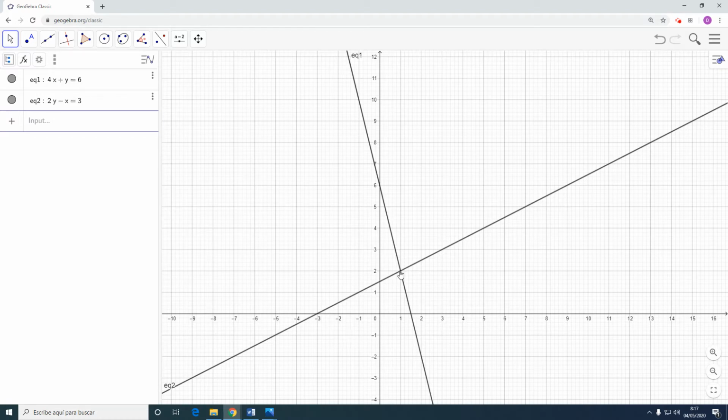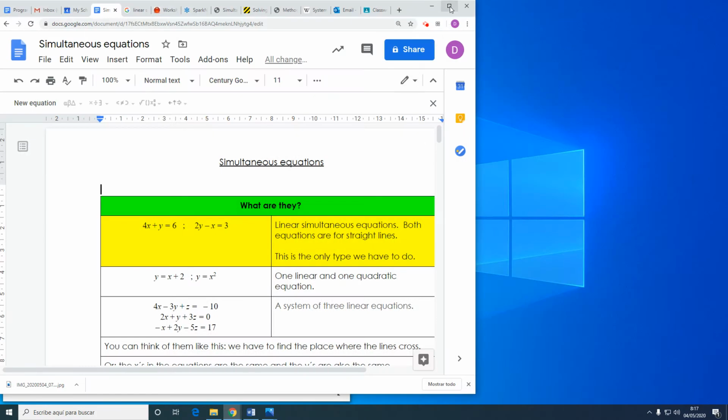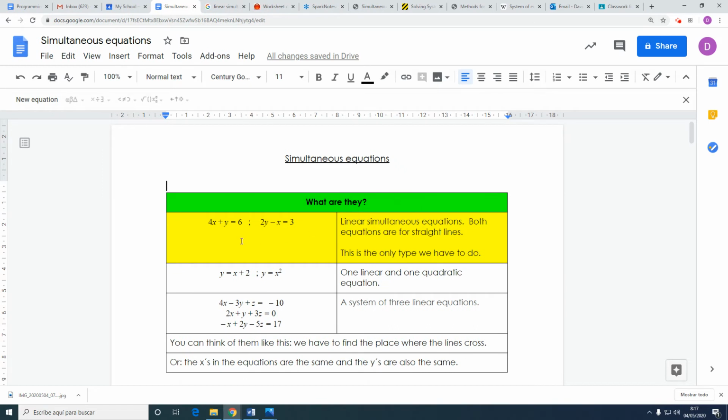At this point, and only at this point, the two x values are both 1, and the two y values are both 2. So this point right here is the solution to those equations. When x is 1 and y is 2, we have a crossing point, and that's why that is the solution.